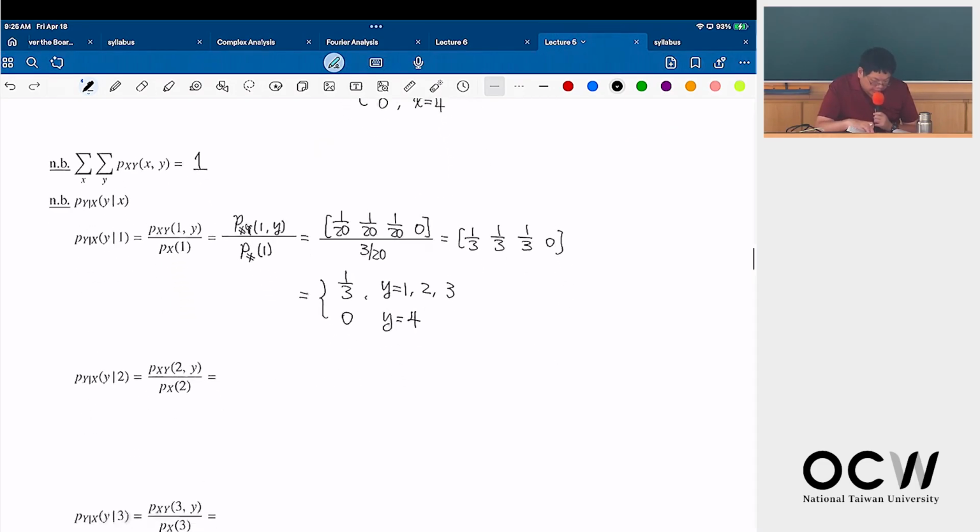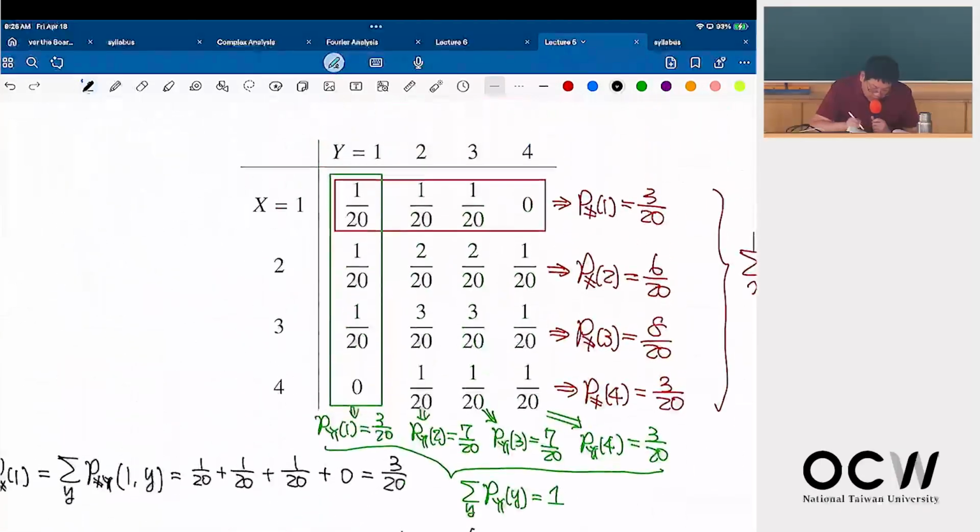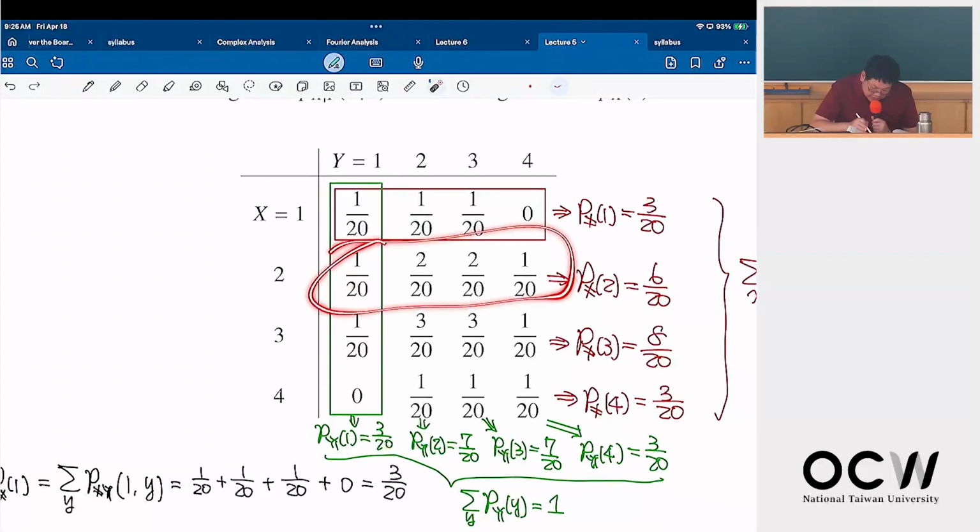If x equals 2, we have 2y, and then divide by the marginal PMF. So here 2 and y, that's the second row.